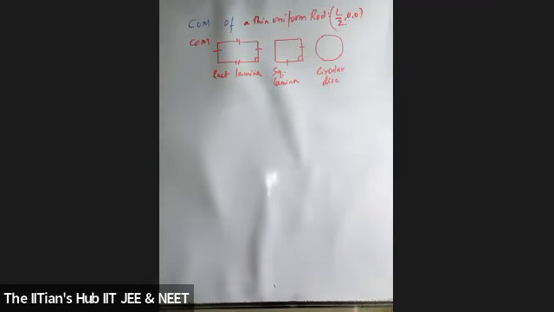Friends, can you tell me where exactly the center of mass is for these geometrical shapes? For the rectangular and square lamina, it is the intersection of diagonals. Yes, the point of intersection of the diagonals.